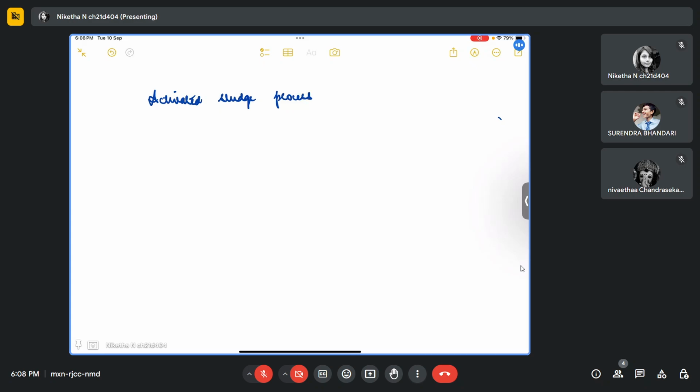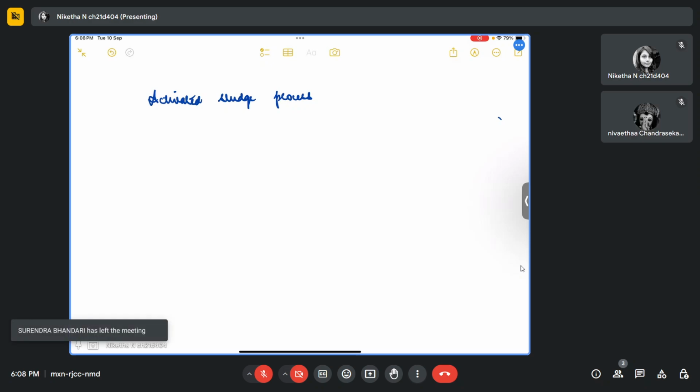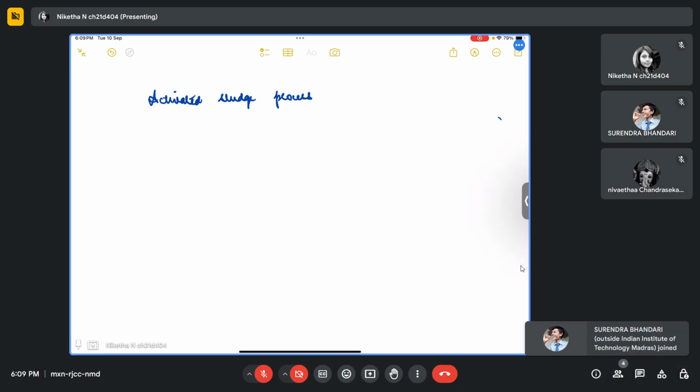So, can you recount and tell me some brief introduction or whatever you understand about this activated sludge process? What happens during this? Any answers?